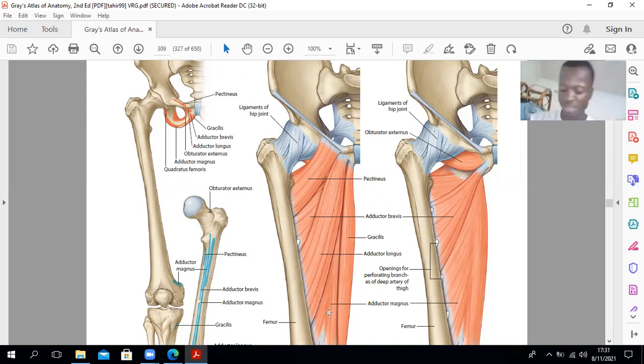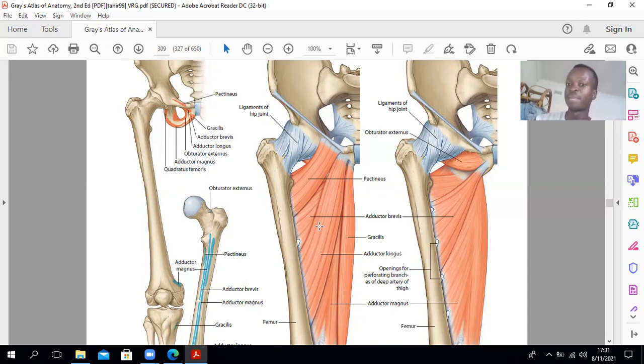These muscles are coming from the inferior ramus of the pubis. Remember, the adductor magnus also has an origin coming from the ischial tuberosity, because it's actually part of your hamstring muscles, right?